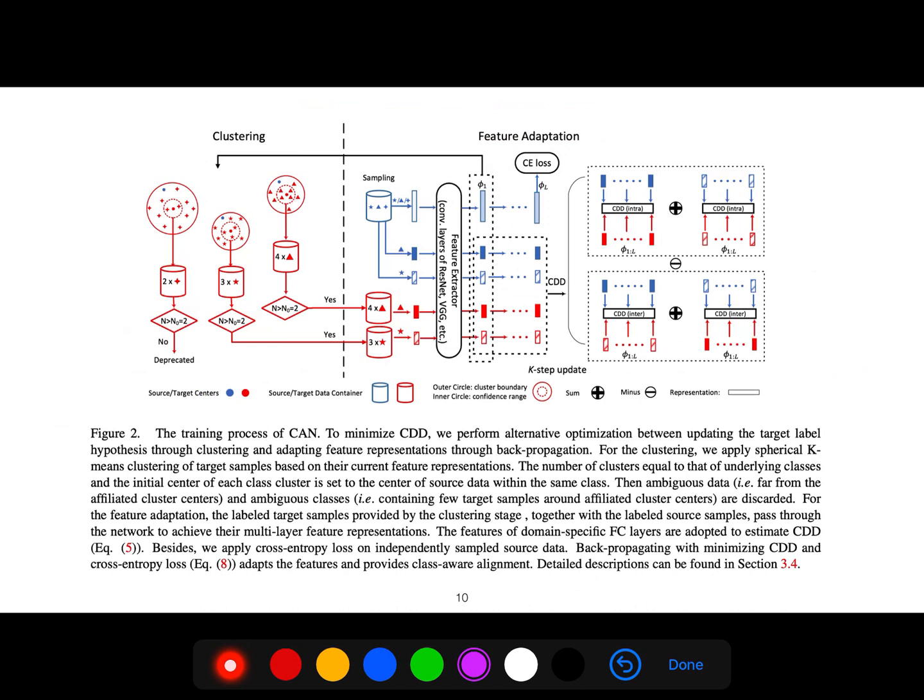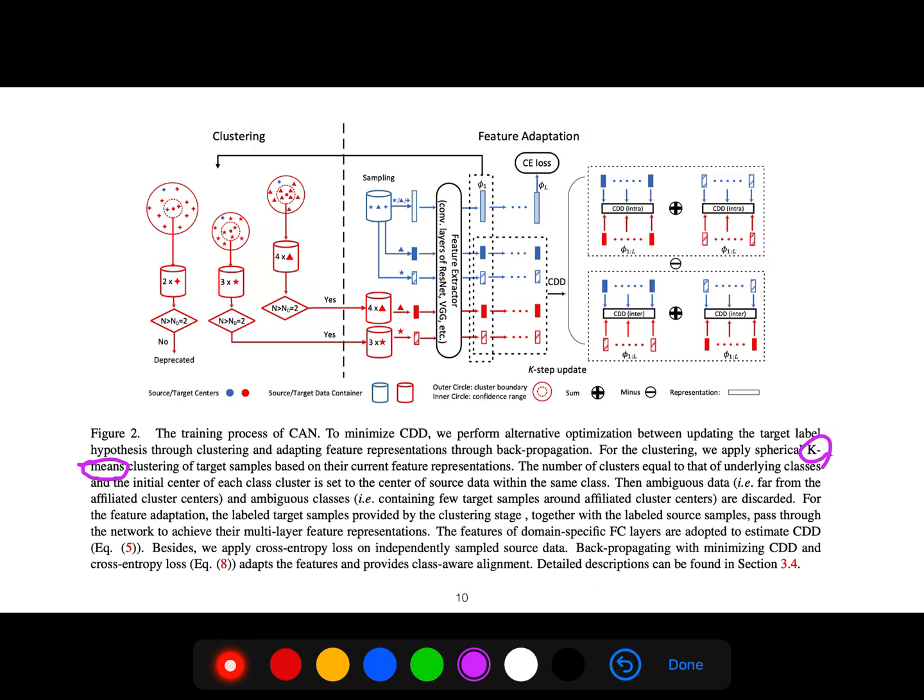We perform alternating optimization between obtaining the target label hypothesis through clustering and adapting feature representation through backpropagation. For the clustering, we apply k-means clustering. Of course, instead of k-means, they could use, for example, Gaussian mixture models. But they use k-means.